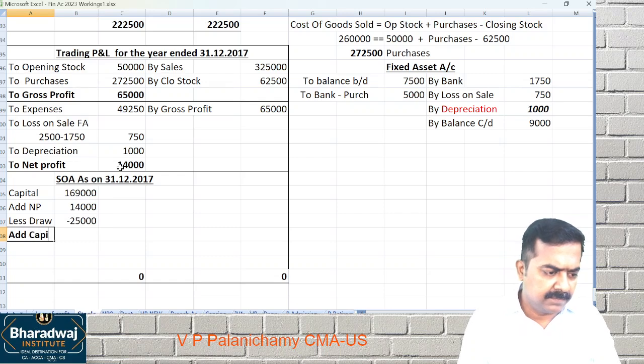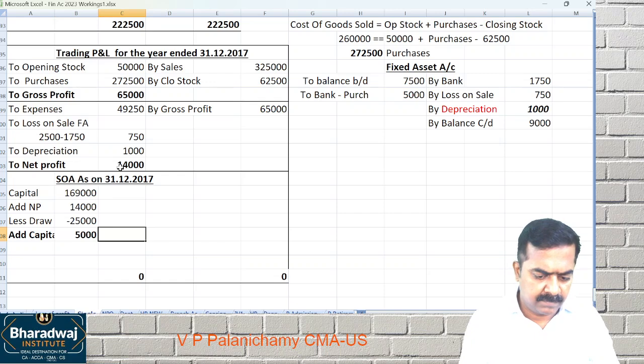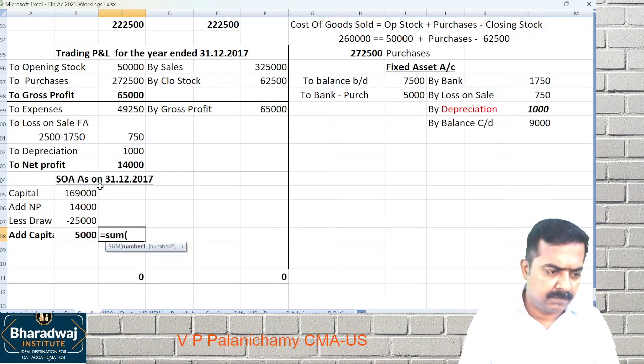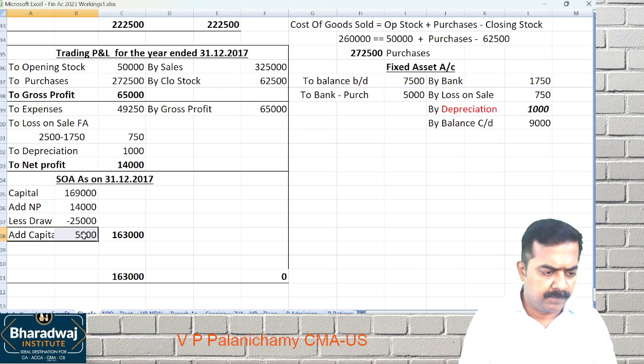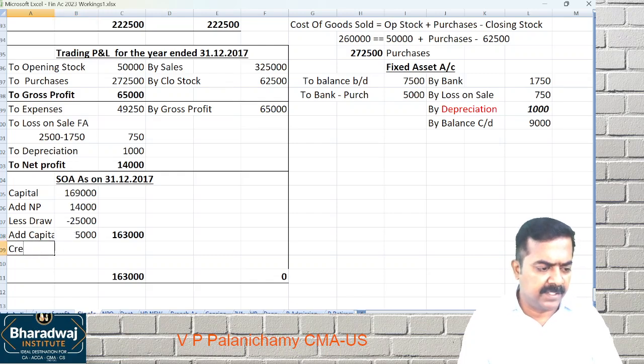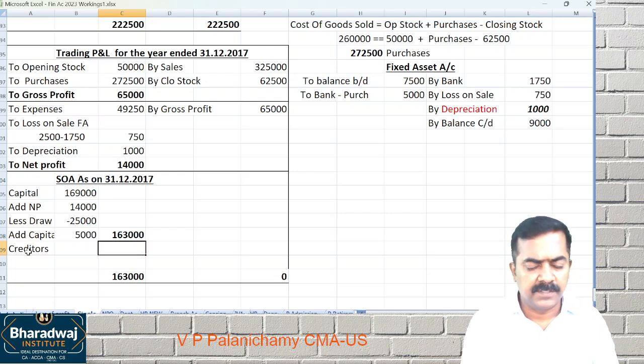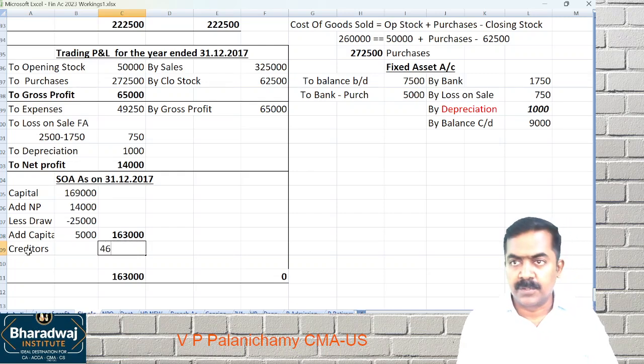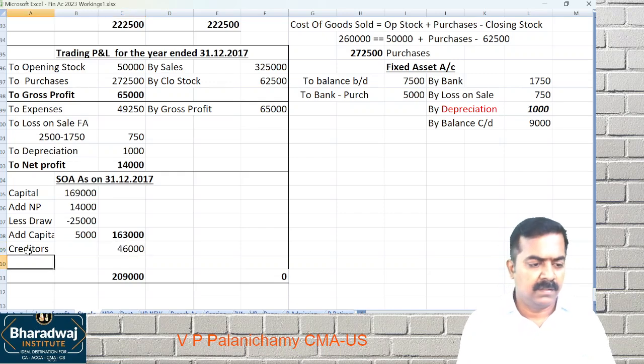Additional capital, then closing balance of creditors. What is the closing balance of creditors? 46,000.